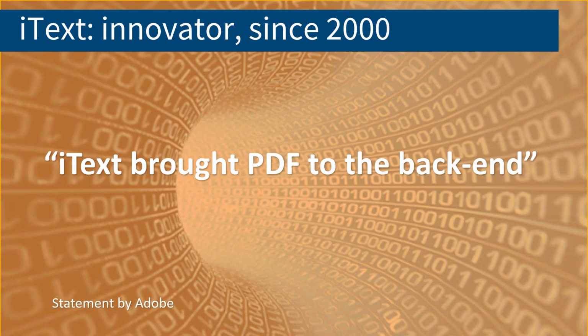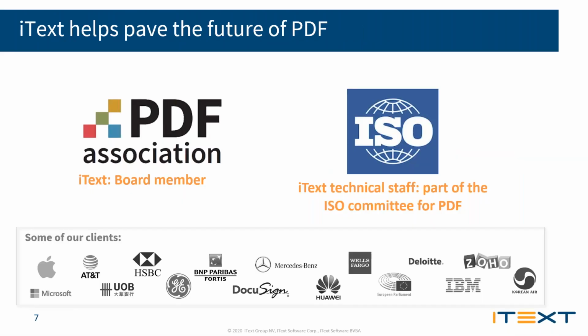And that was very innovative at that point in time. Ever since, iText continued to be an innovator in the PDF space. So we work closely with the PDF Association, for instance, and the ISO committee. We are shaping the PDF standards together with a couple of other partners in that field. And it's fair to say that we paved the future of PDF, in fact.